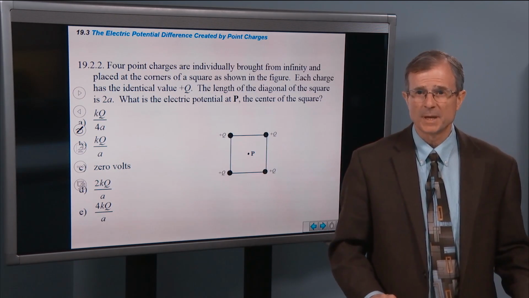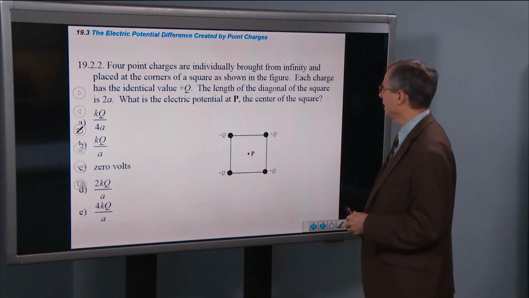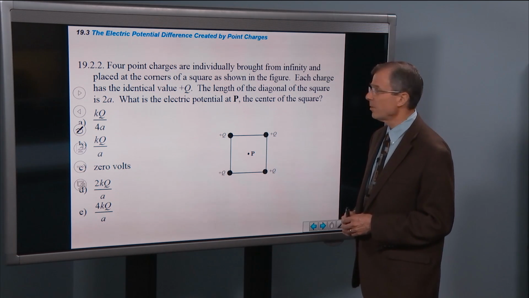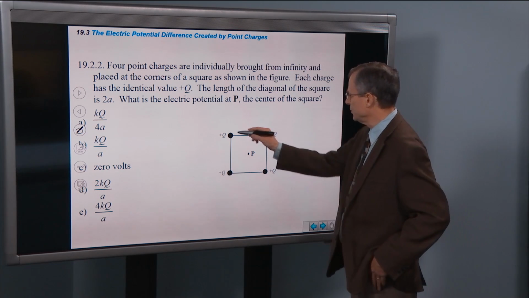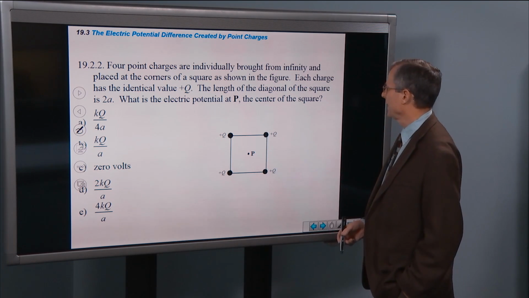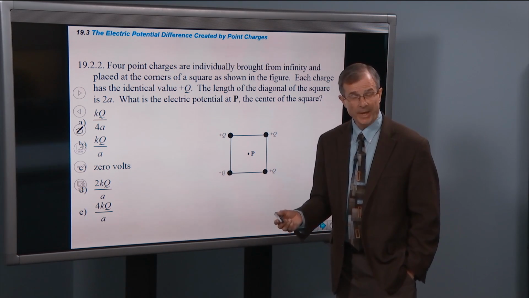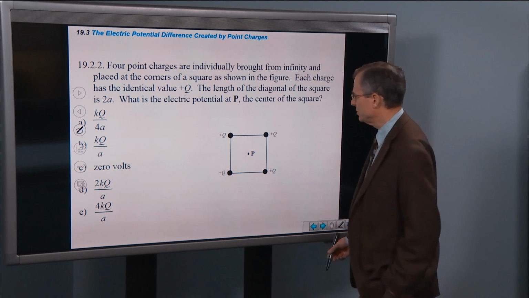Pretty simple example. Four point charges are individually brought from infinity and are placed in the corners of a square. 1, 2, 3, 4 charges. Each charge has the identical value of plus Q. The length of the diagonal is 2a.